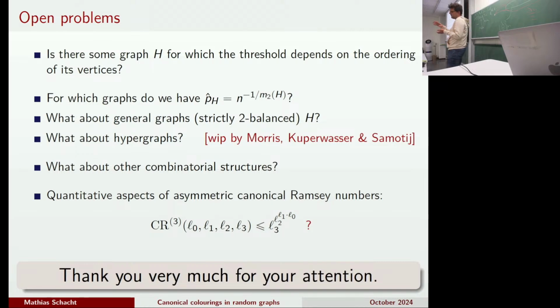And that means a few random edges can already enforce a monochromatic copy. That's why you cannot hold it, and that's why the threshold is sharp. Or this is maybe one way to think about it. If the number of colors and everything is unrestricted, then it's not so clear what structural property should capture the notion that there are only few of them close to the threshold, and that would make me a little bit nervous.